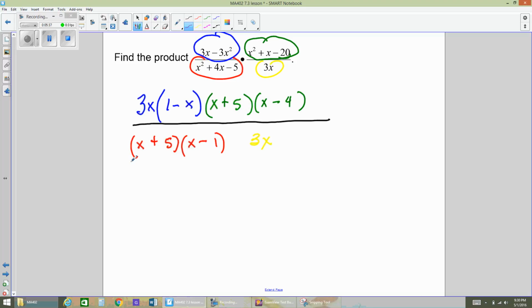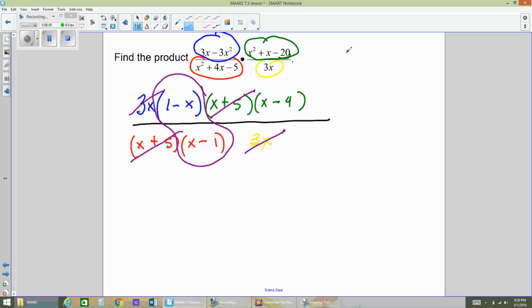So 5 plus x cancels with 5 plus x. 3x cancels with 3x. And we have a problem. Our problem is right here. They look like they're the same, but are they the same?